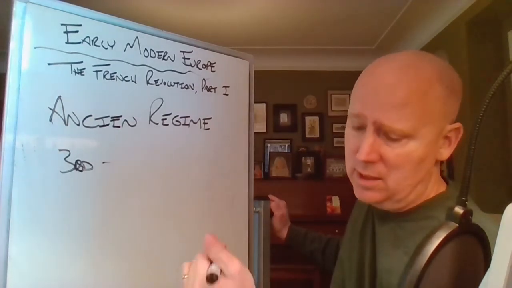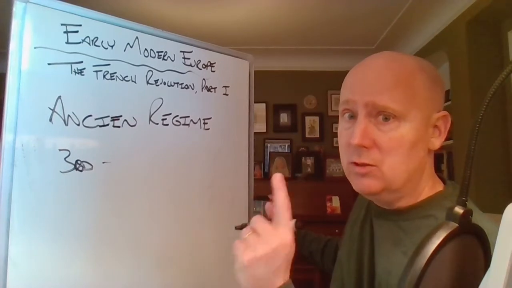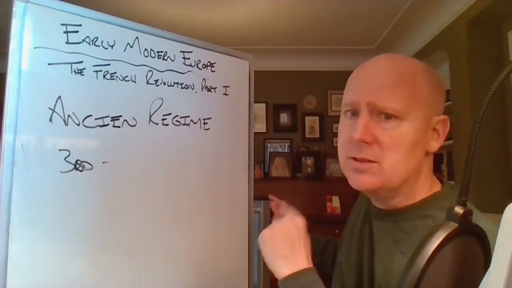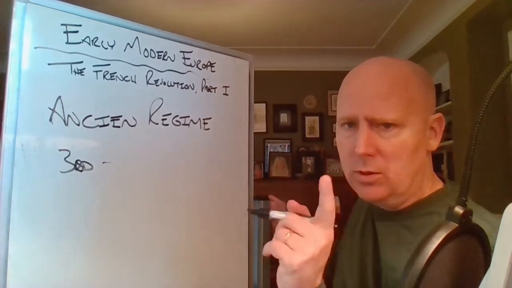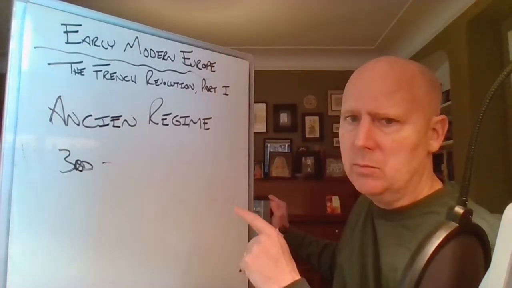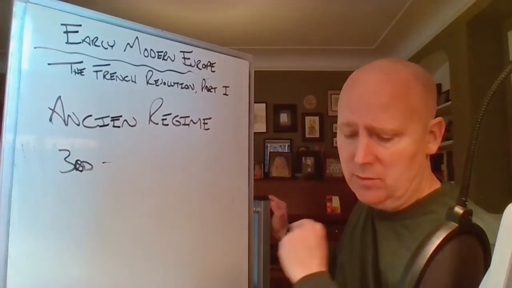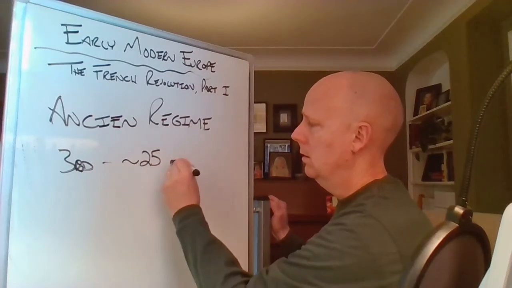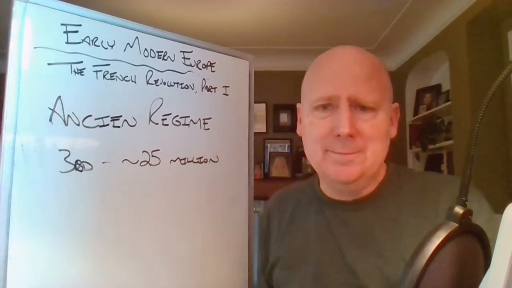Peasants in the countryside, the wealthy bourgeoisie, right? The burgeoning, the new middle class, all that kind of stuff, the merchants, traders, you name it. Everybody else. If you weren't a priest or at least a bishop or a cardinal or a member of the nobility and all of their families, you were in the third estate. That's everybody else. And that's roughly 25 million people.